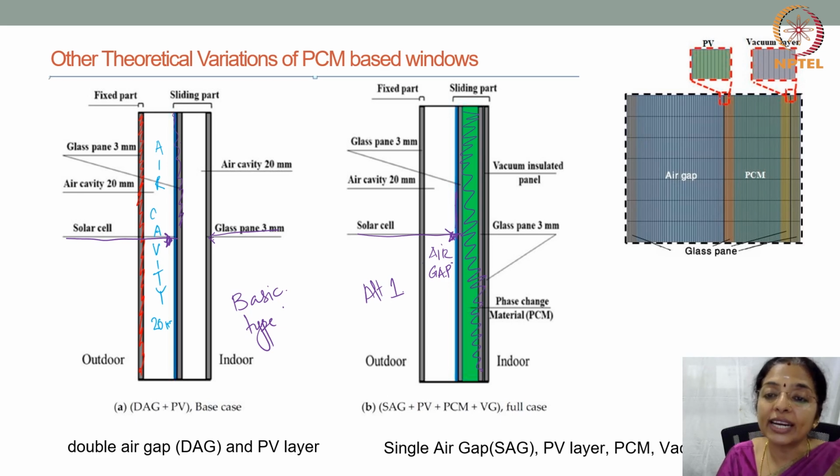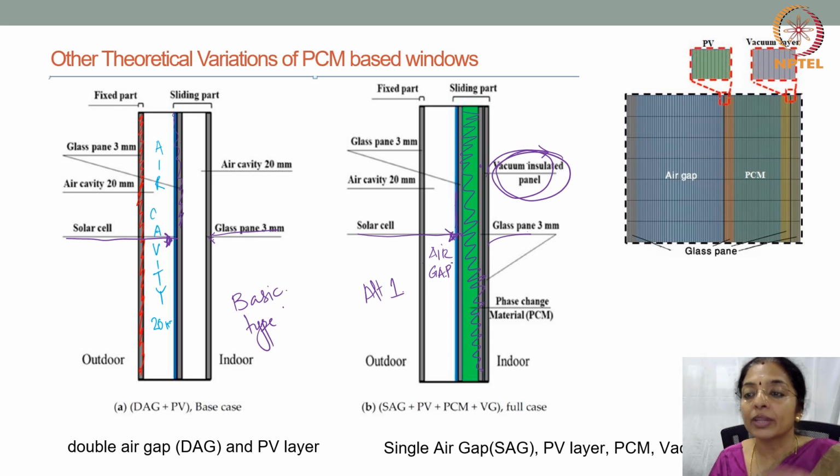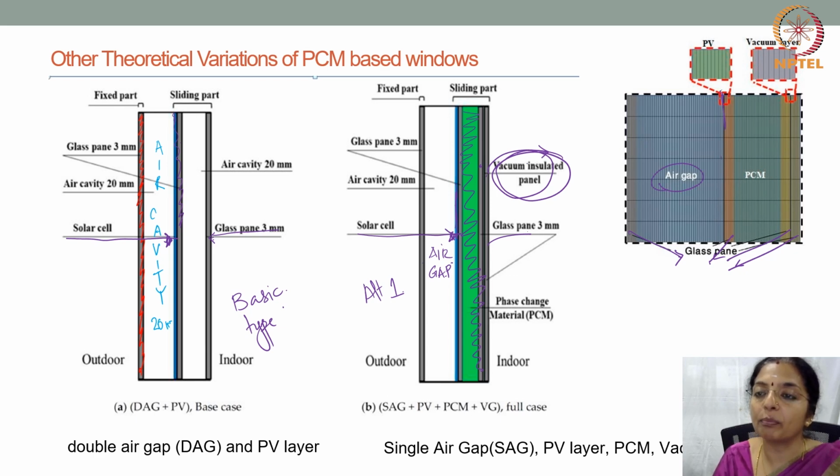Then you can have another glazing and a vacuum insulated panel, and then the next glazing. So you can have glass panes 1, 2, 3, 4. You can have an air gap, a solar PV, phase change materials, and further a vacuum gap here. This is the vacuum gap.